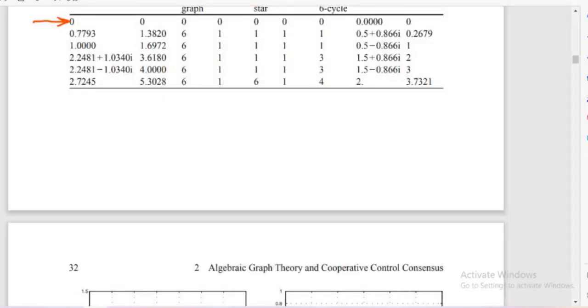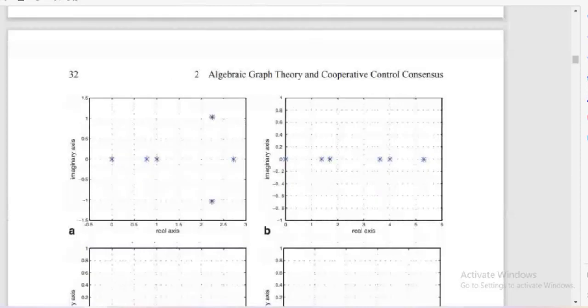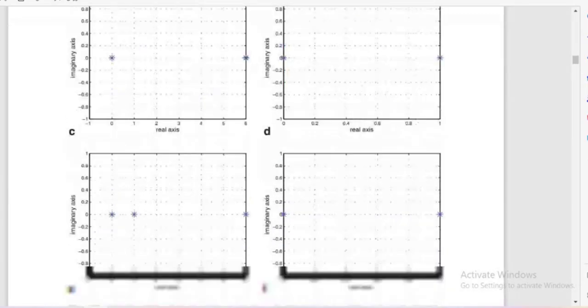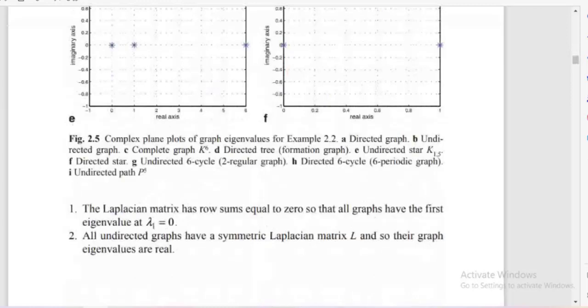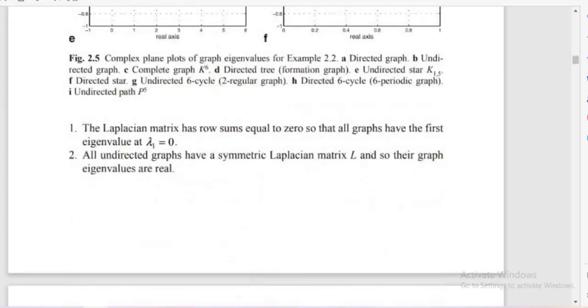If you obtain the eigenvalues of the L matrix, the first one is always 0. Okay? This is the eigenvalue of the system. There are some notes.